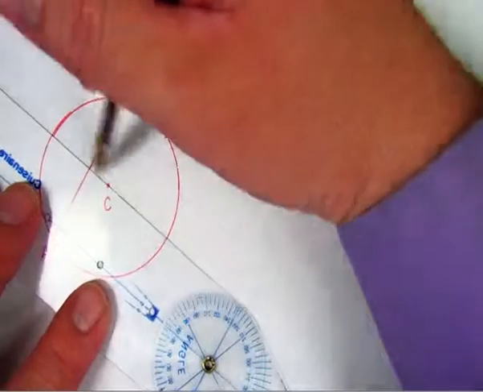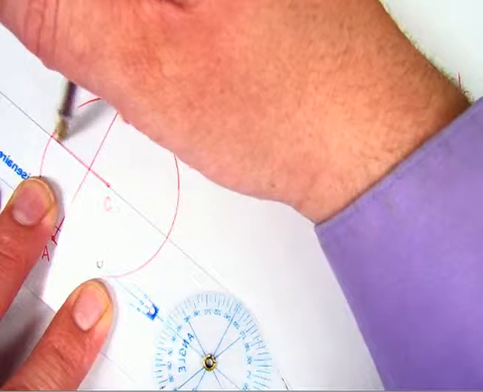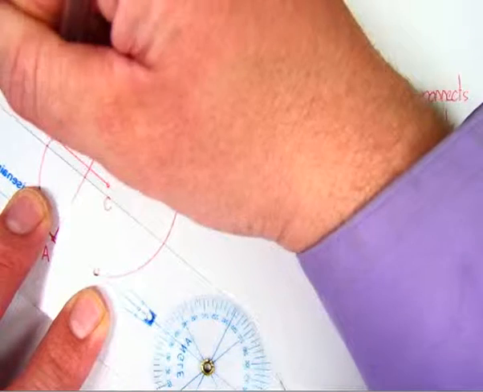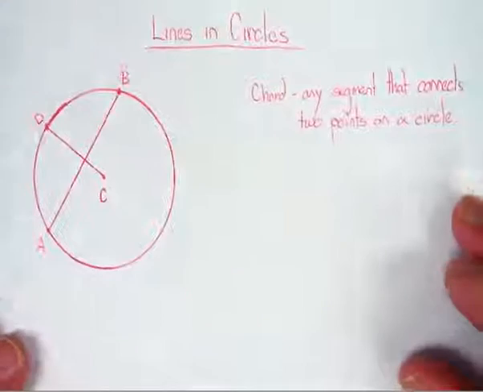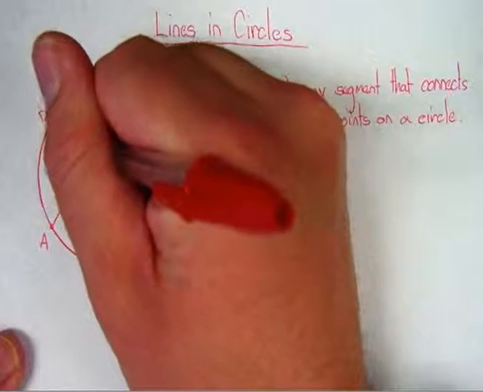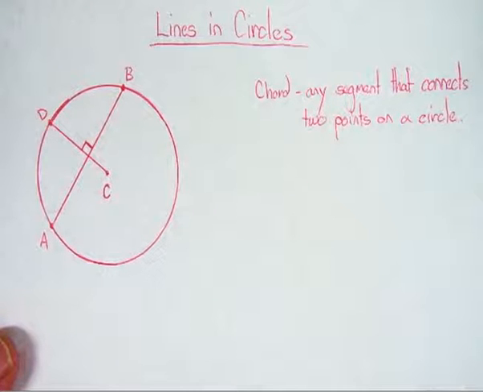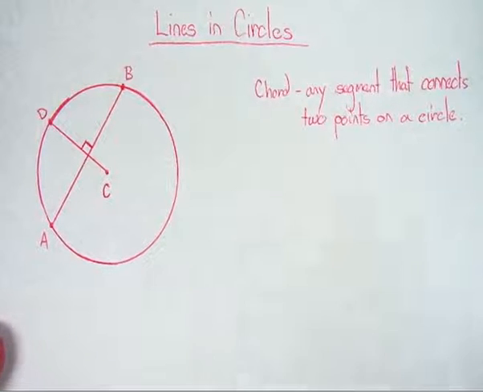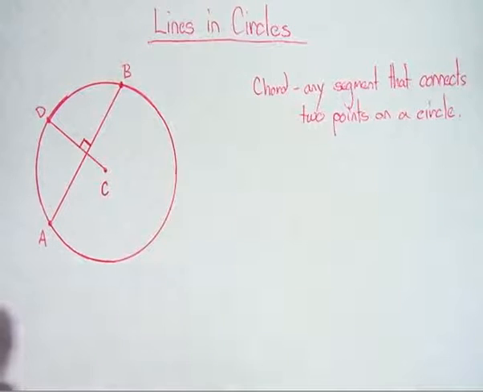And let's take, just for argument's sake, and draw a radius. So we'll draw a radius CD, but I've drawn this in such a way that CD will be perpendicular to AB. So now I've got a radius and a chord that are perpendicular to each other.